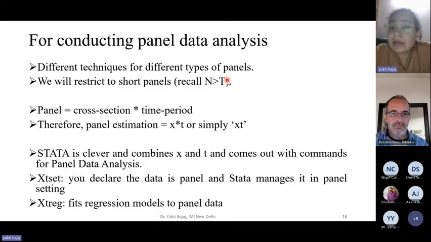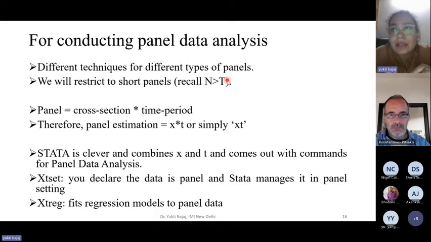As I already told you previously, when we discussed the types of panels, different types of panels are dealt with different techniques. They're estimated using different techniques. For now, we will restrict to, if you recall, short and long panels, wherein a short panel was where N was greater than T. That means the number of cross-section units was greater than the time period.